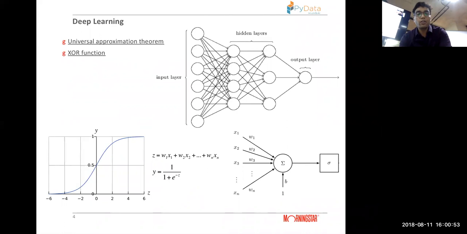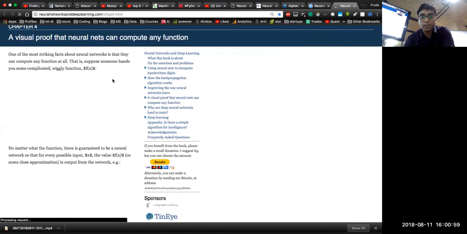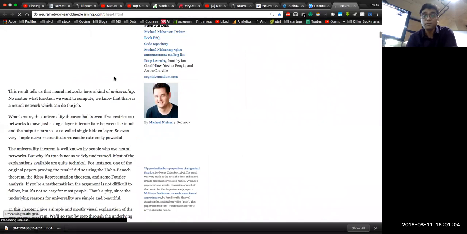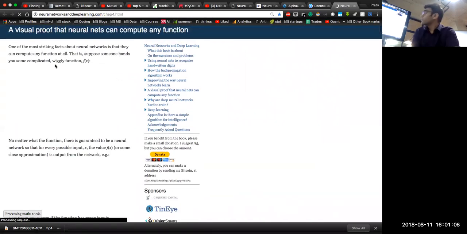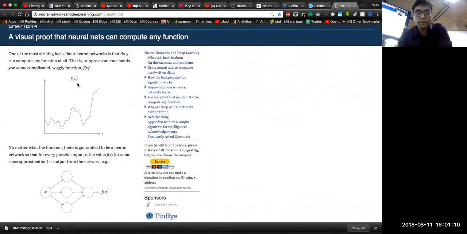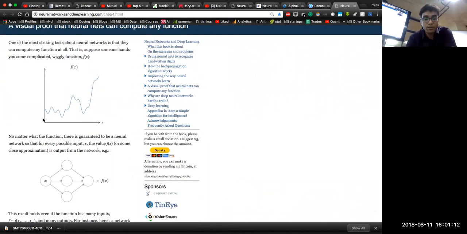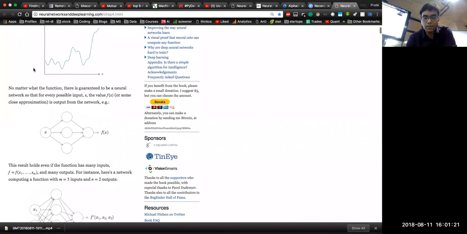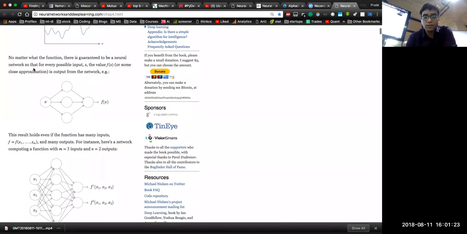There is this thing called the universal approximation theorem, and there's a nice article on this, which I would like to skim through. It's not loading the images. Okay. Suppose there is this curve, which looks like a random curve to me, mapping x to y.